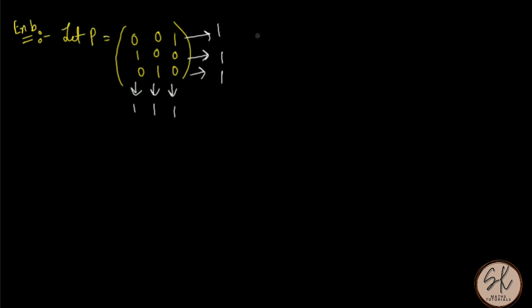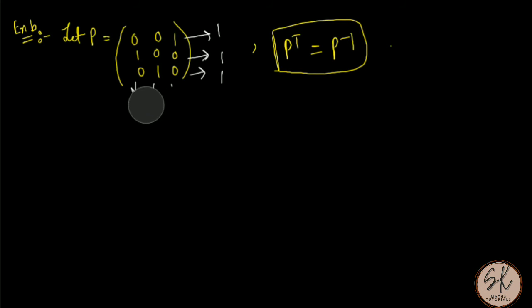Okay, so this is a permutation matrix. So here we need to prove that P transpose is equal to P inverse. Okay, so this is what we need to prove. Alright, so let me erase this one. Yeah, so now let us see the answer.